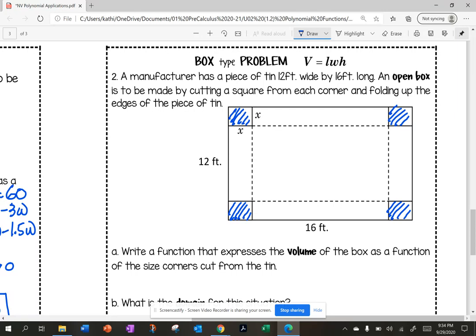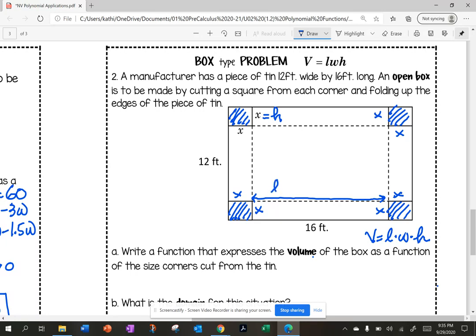Okay, so I want to write the expression of the volume of the box as a function of the corners x. I know volume is length times width times height. So now I want to rewrite my length and my width in terms of my height. When I'm folding up my box, my height is x. So each corner is x, right? So my length of my box actually is right here, and the whole length is 16.